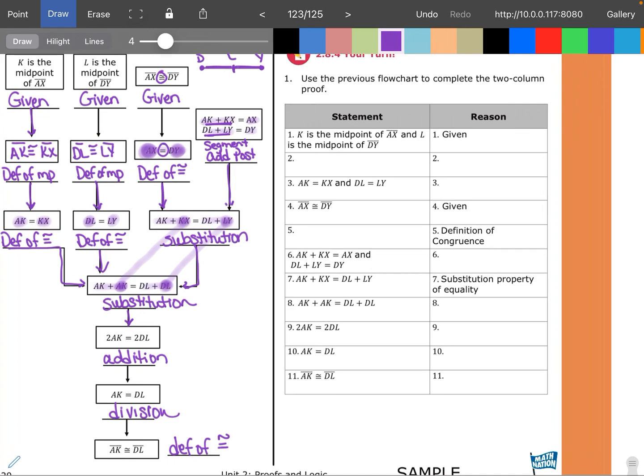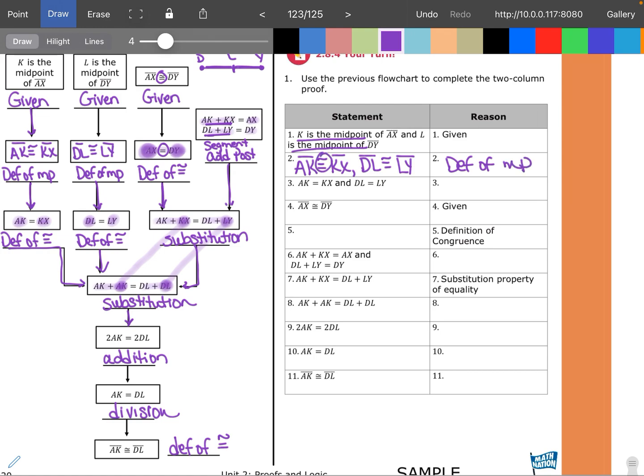All right, now that you're back, we've got 2 parts of the 3 givens. We've got K as the midpoint and L as the midpoint. Again, what do those midpoints do? They break them up into 2 congruent pieces. And that is our definition of a midpoint.